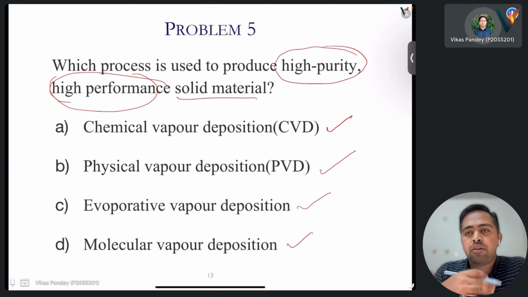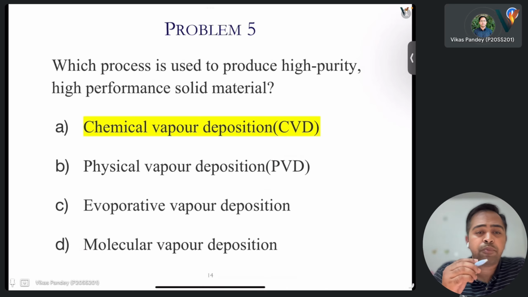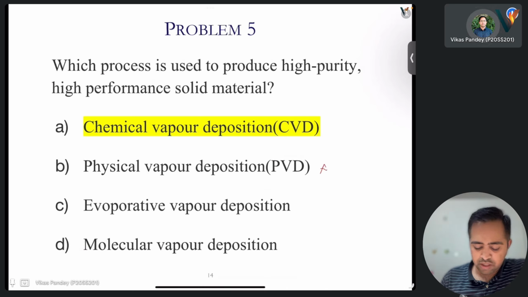And mostly when we are talking about these deposition techniques, we are talking about the functionalization materials. Okay. So one, chemical vapor deposition, right? That is, why chemical vapor deposition? Why not PVD or why not evaporative vapor deposition?